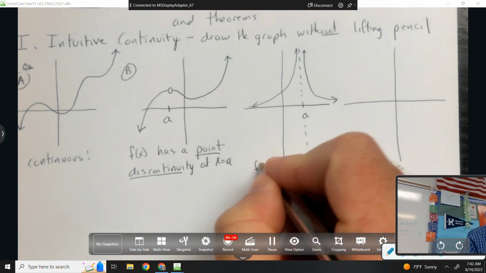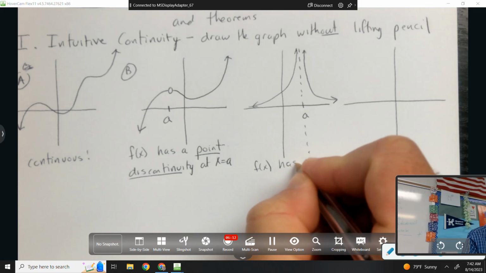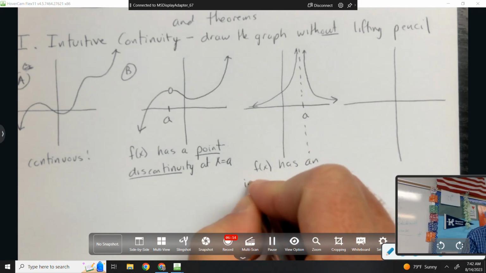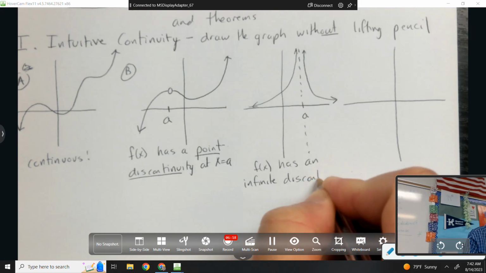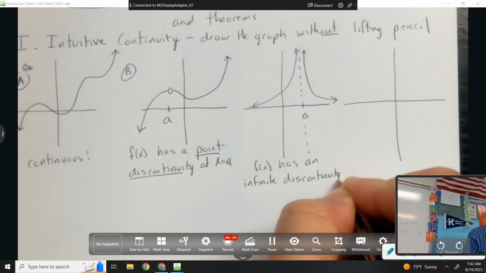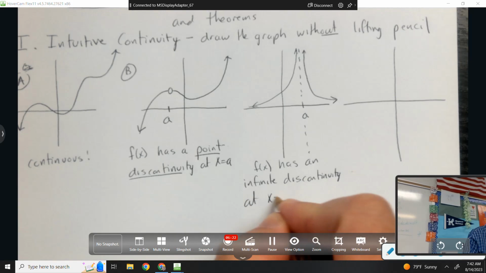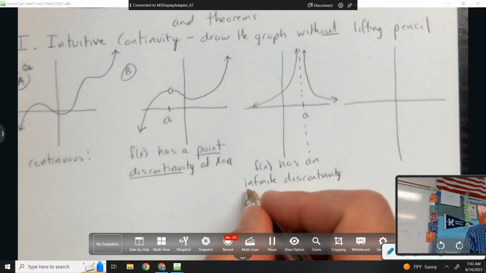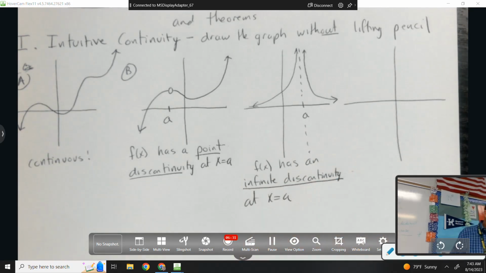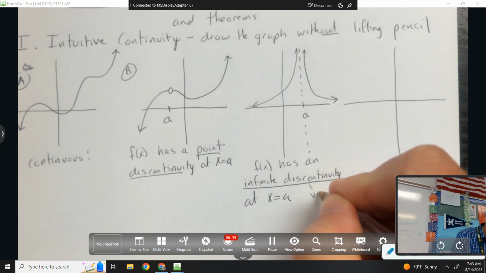For this one, we would say f of x has an infinite discontinuity at x equals a. And again, it's kind of a new term for an old topic. That's the same thing as a vertical asymptote.